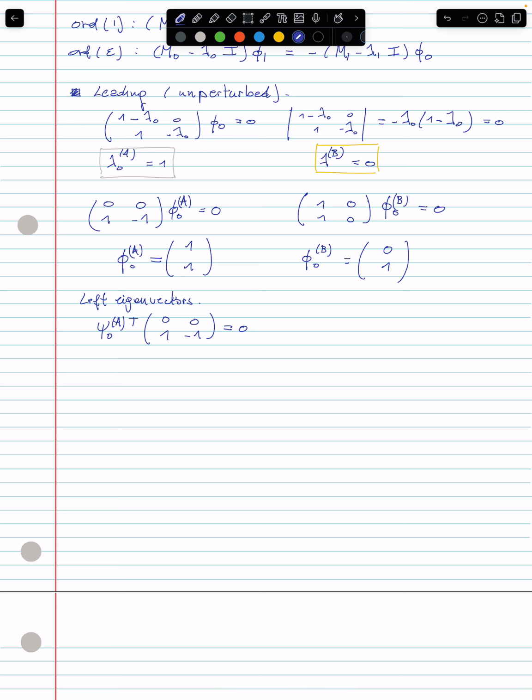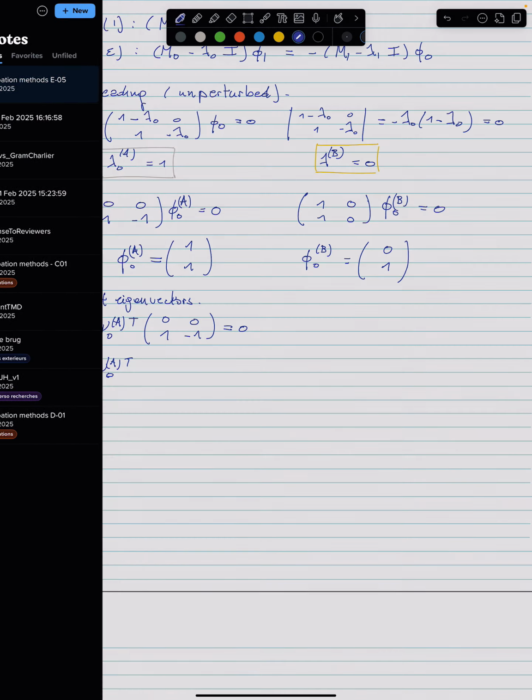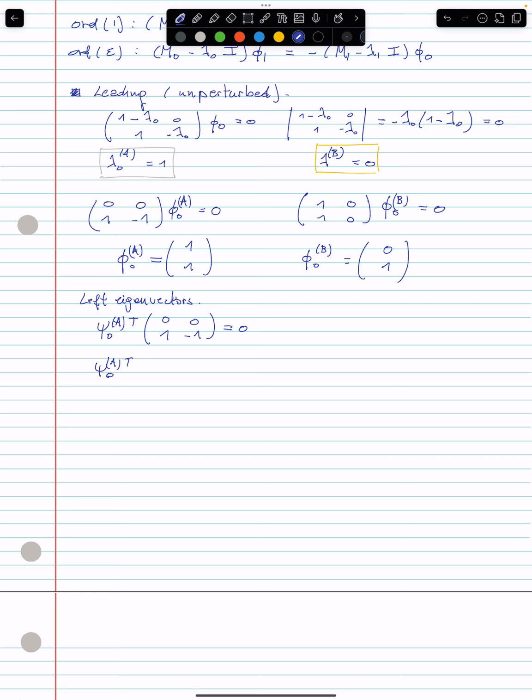All right, so you see that the vector that we need to use in that case is equal to whatever you want, and then 0.